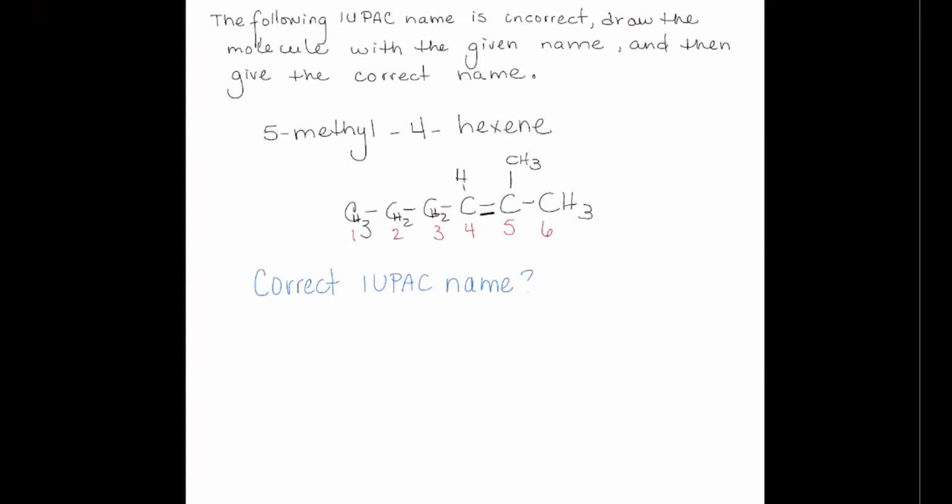So this molecule is still a hexene, okay? It's just that it was numbered incorrectly in terms of how we number alkenes. The correct numbering should have been 1, 2, 3, 4, 5, and 6. And like you guys put in the chat, the correct name for that is 2-methyl-2-hexene.